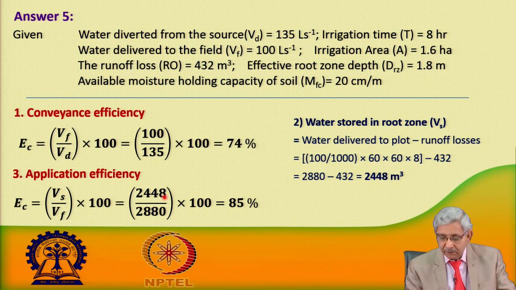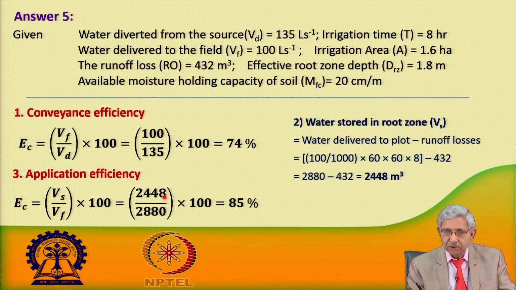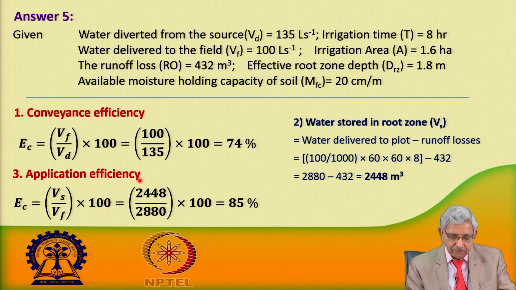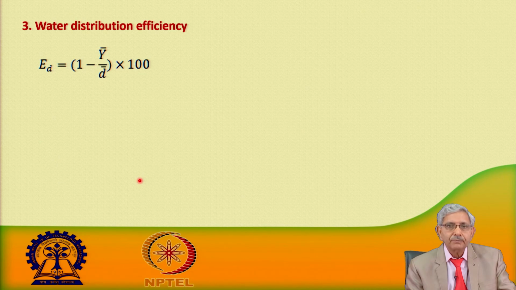If we had been given the amount of water lost below the root zone depth, then from the 2448 which we have got, we would subtract the volume of water which has gone beyond the root zone depth as deep percolation loss. In that case this volume will be reduced to that particular value. So, this way we are calculating the application efficiency.